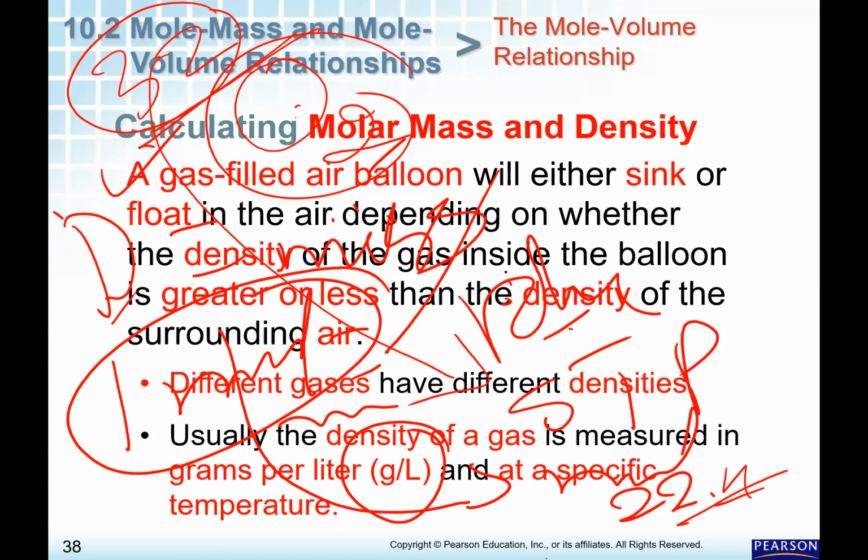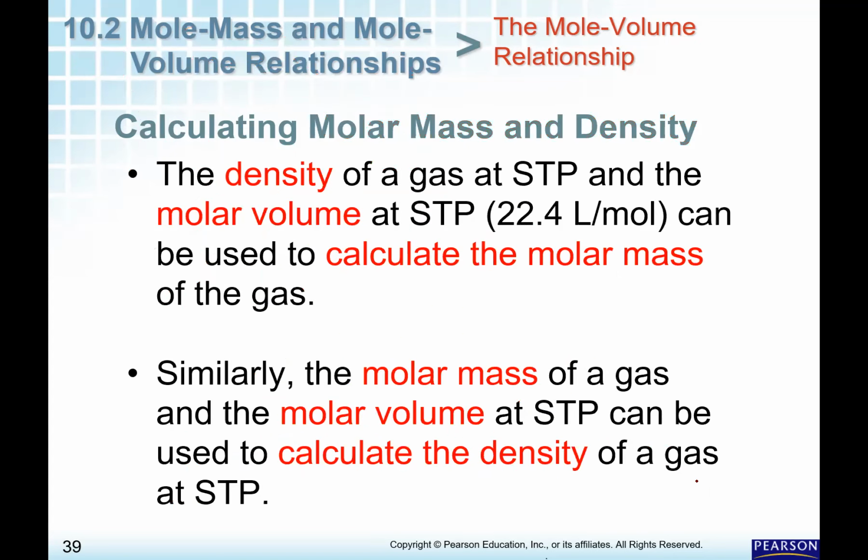Just divide the mass by the volume and you will get the density. So the density of a gas under STP can be easily calculated, or the molar mass of a known gas can be calculated if we can measure the density. Either one of them can be used to calculate the other.